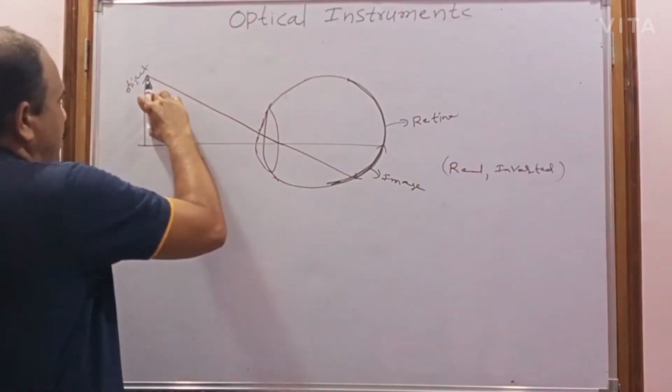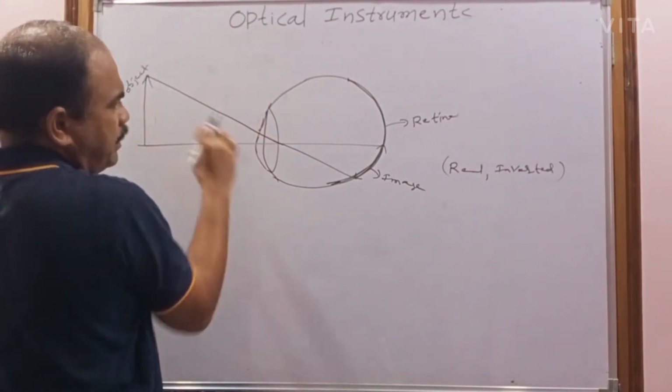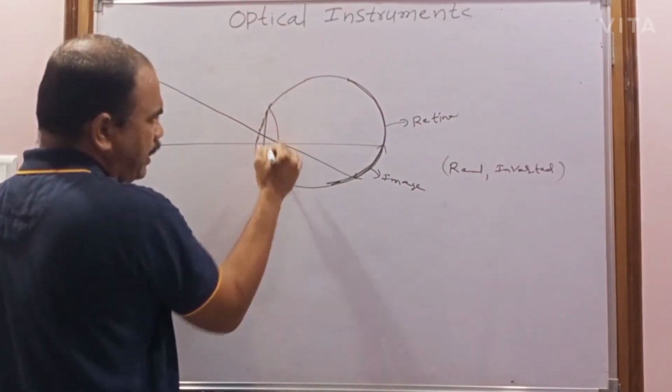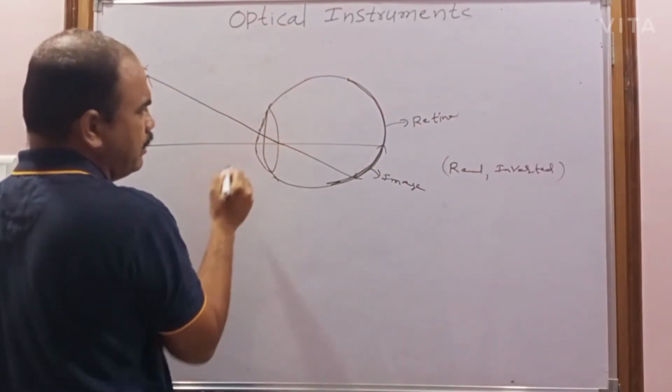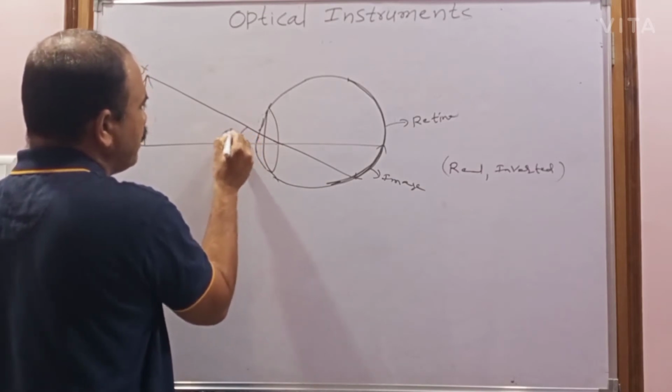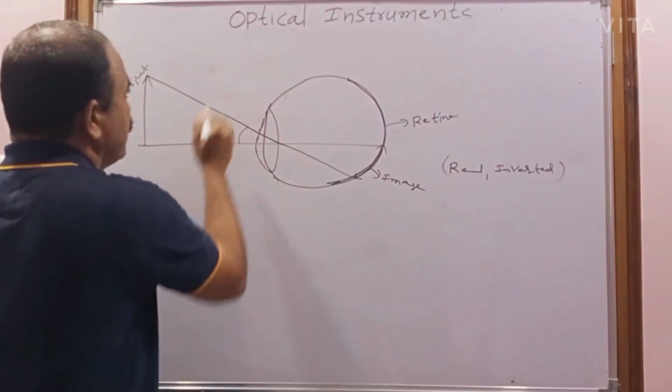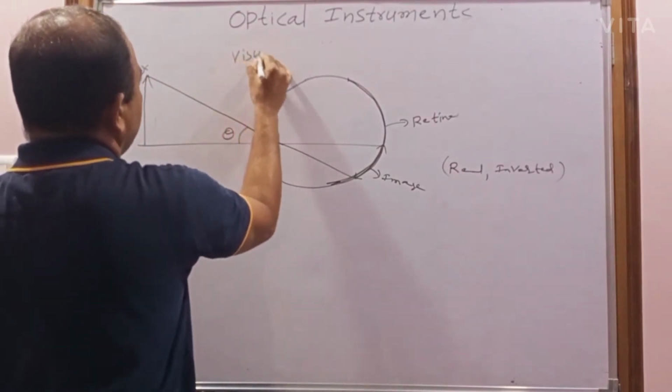When the image is formed on the retina, the object also makes some angle at our eye. This angle is called the visual angle. So what is the visual angle? This angle is made by the object.